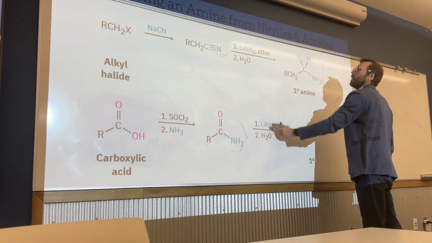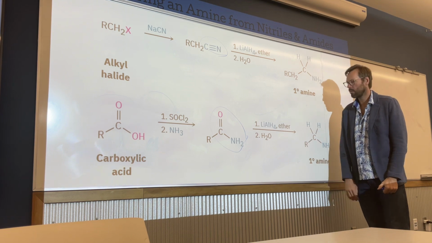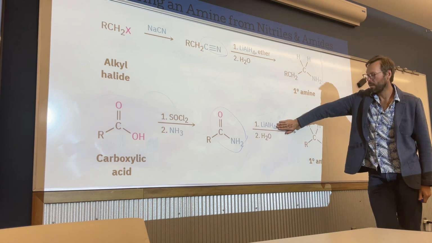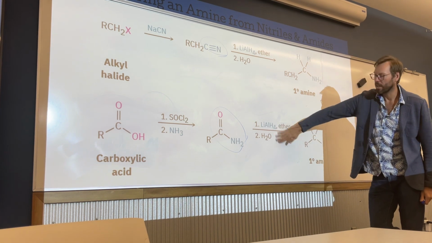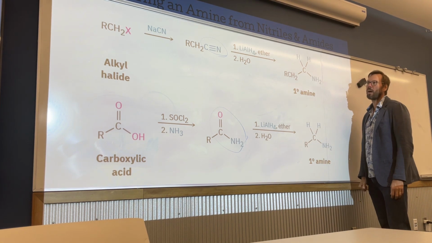Using our excess, they've tacked on ether because that's the solvent that it's in. So essentially, lithium aluminum hydride and water, and we can make a primary amine that way.